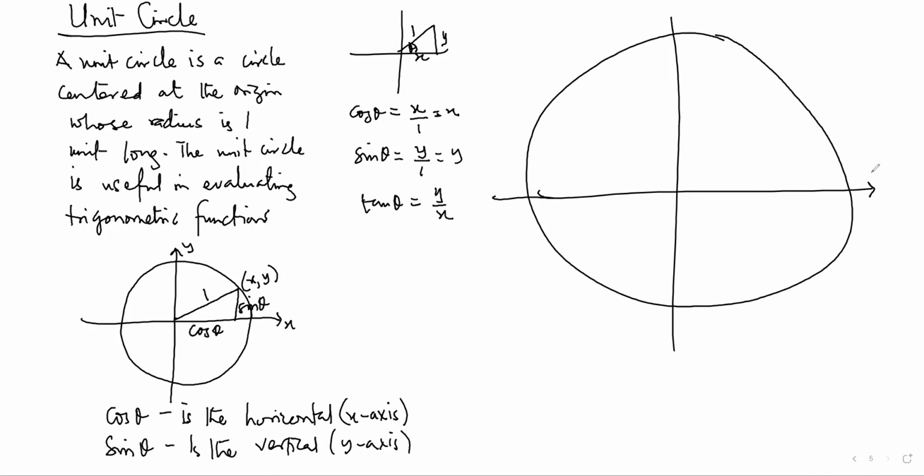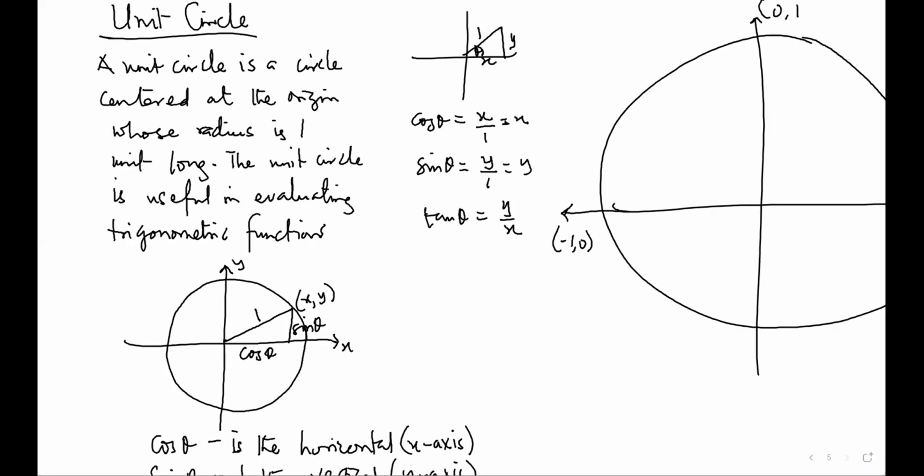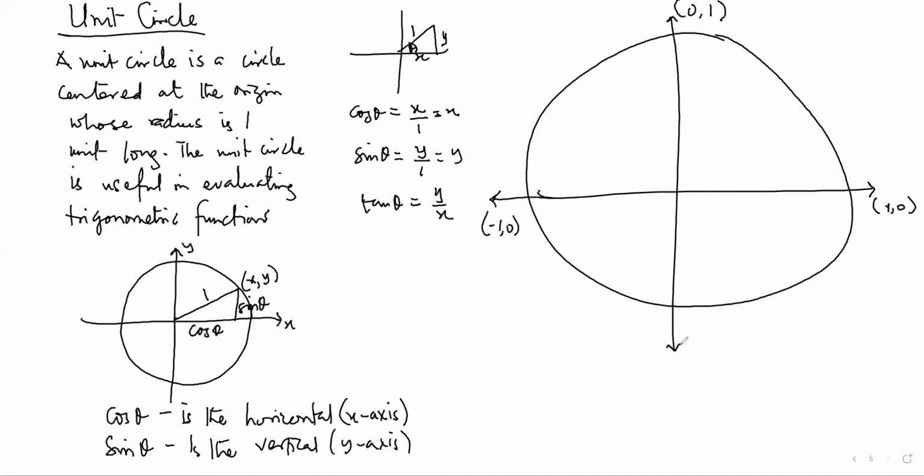So this is 1, 0. Right here is minus 1, 0. Over here is 0, 1. I will be explaining why later. Over here is 0, minus 1. Okay, because we all know that. So the 1 is for x and the y is for 0.